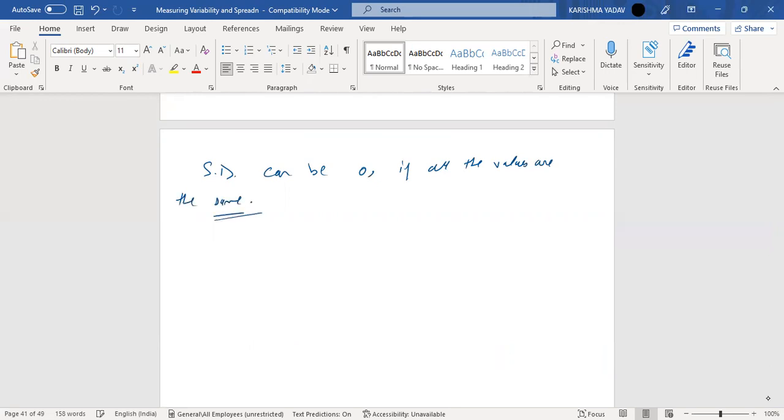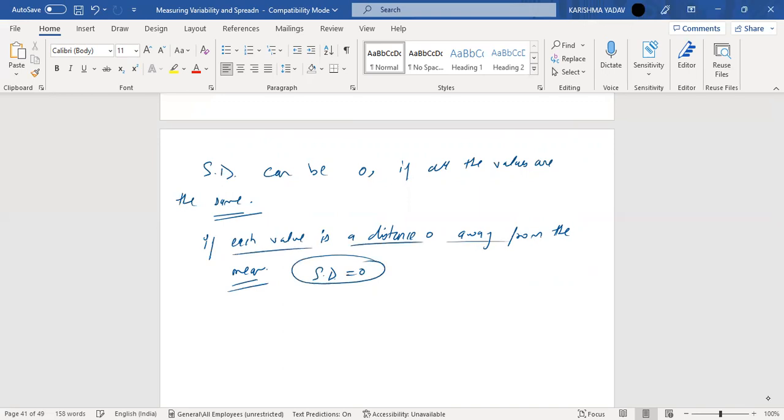What we mean is that if each value is a distance of 0 away from the mean, then we have the standard deviation as 0. And the possible case for this, that each value is a distance 0 away from the mean, is that all the values are the same. Then in that case the standard deviation is 0.